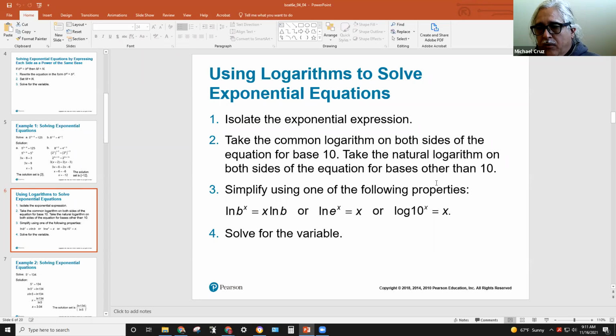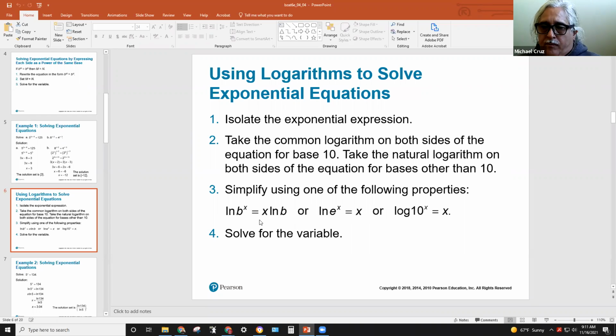Take the natural logarithm on both sides of the equation if you got bases other than 10. Remember, the common log means base 10, so those two automatically undo one another. So if you have any other base, you use the natural log. And then you'll simplify using one of these properties.